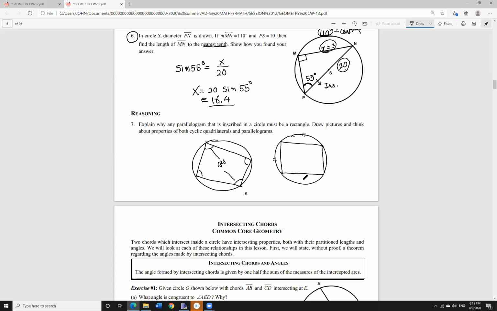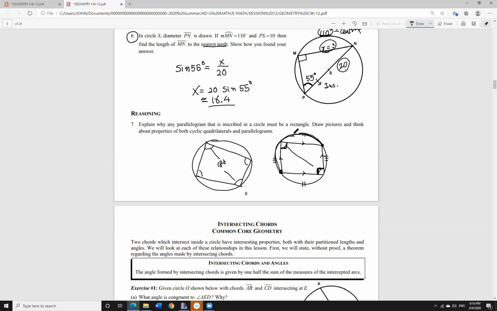These two arcs are congruent. The other arcs are congruent. What does that mean? This is parallel. These two angles sum to 180, we know that, but to be a parallelogram, they should be what? Equal, right? Why are they equal?